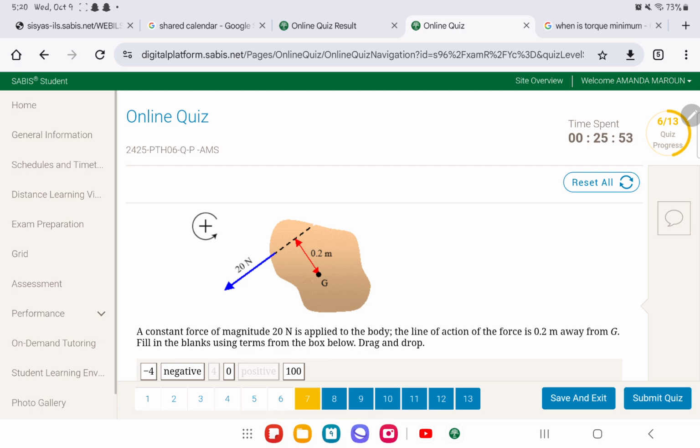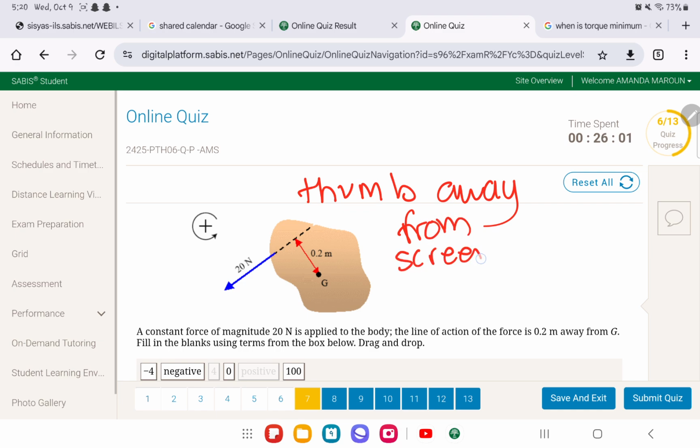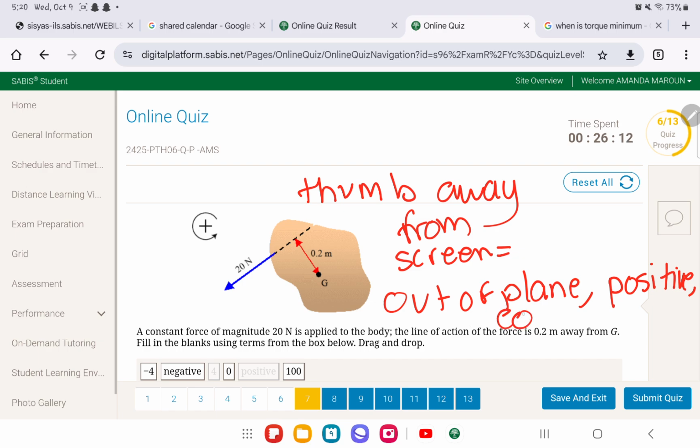So we can make it a rule. Thumb away from screen equals out of plane, positive, and counterclockwise. This is if your thumb is pointing away from the screen.